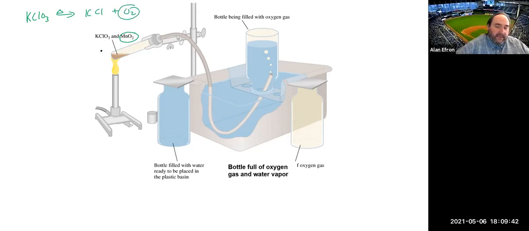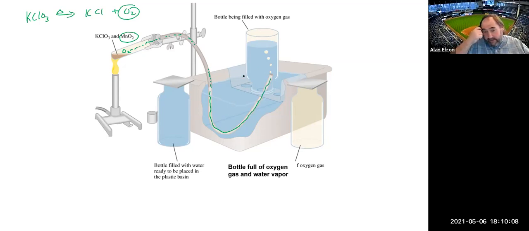So as you're doing this, you're generating some of this O2 gas. It's going to obviously try to find an escape route, and it will find this escape route through the tubing here. I'm not going to allow it to escape to the outside world, but it's going to follow all the way through here. And it will usually end up in this type of experiment in a bottle or a collection container.